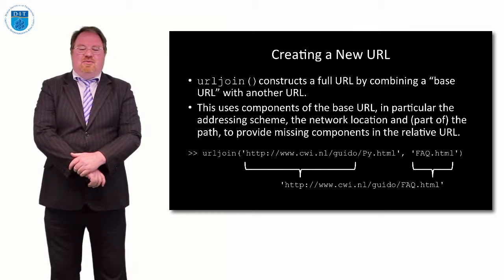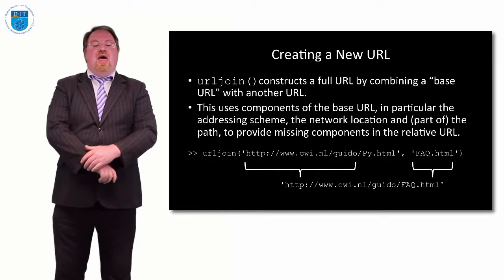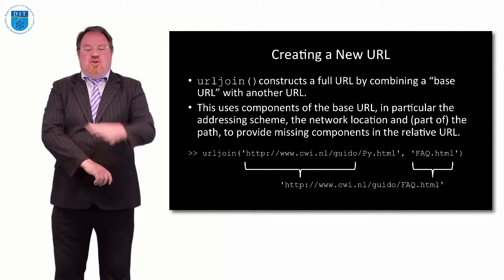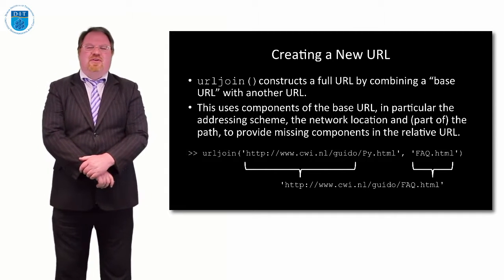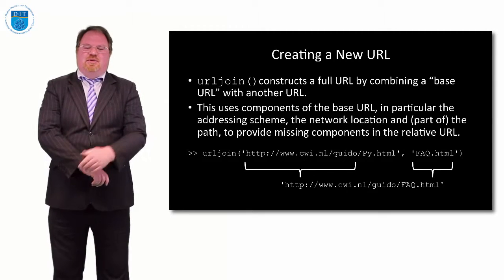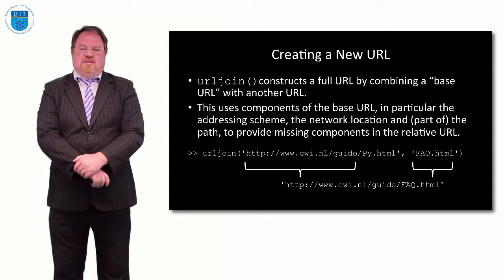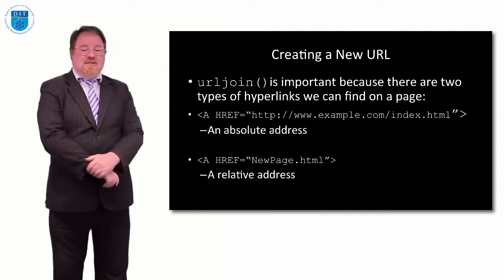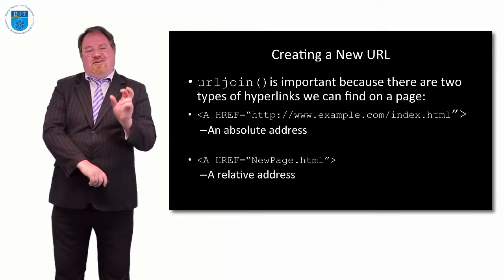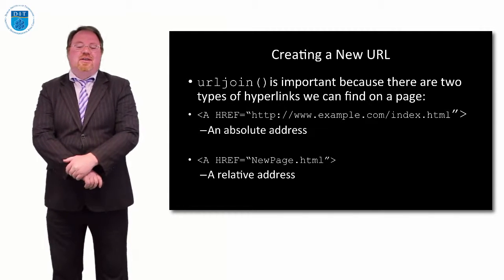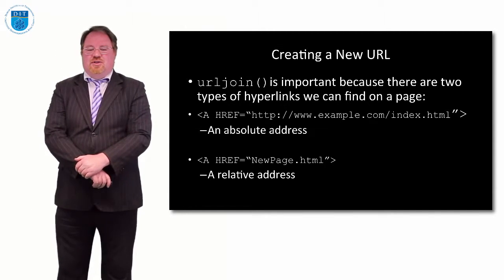So technically speaking, we're joining the base URL to a new web page. And that's really important if we have relative links as opposed to absolute links. With the absolute link, there's no need to use urljoin, but with the relative link, we have to join the current server name base URL to the new web page.